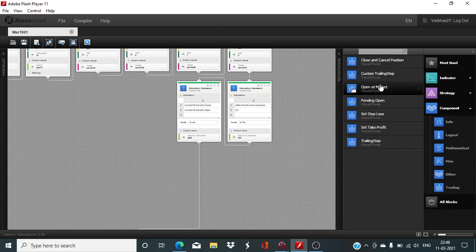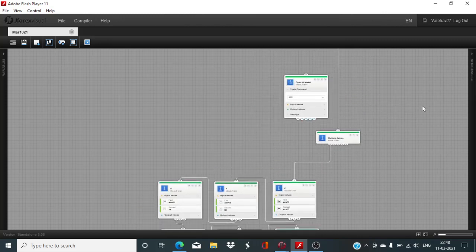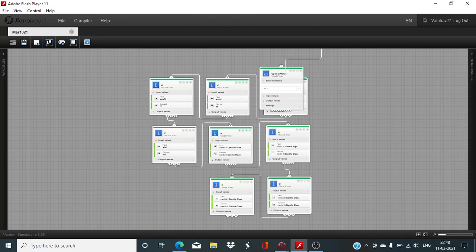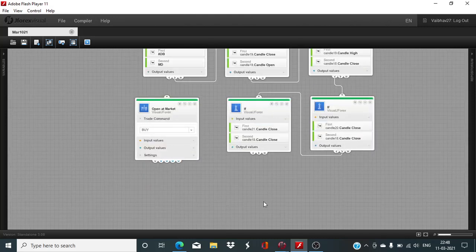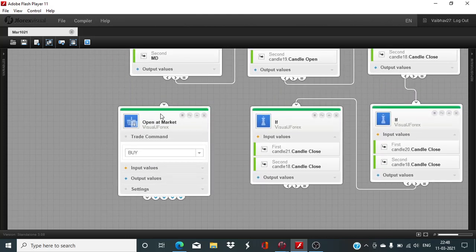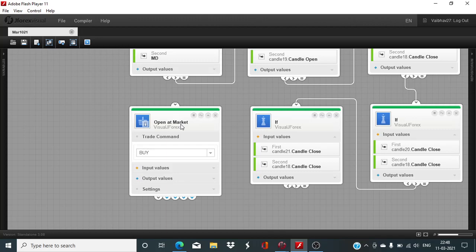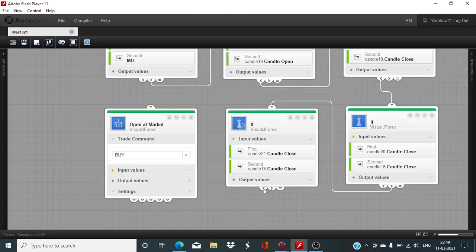Open at market. And there is going to be the market order. Yeah, this closing value needs to be less.